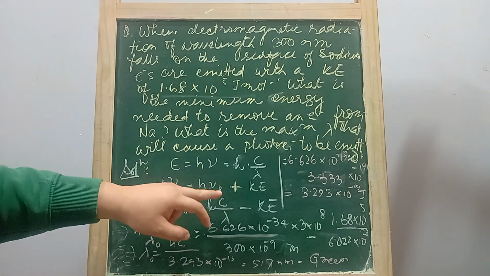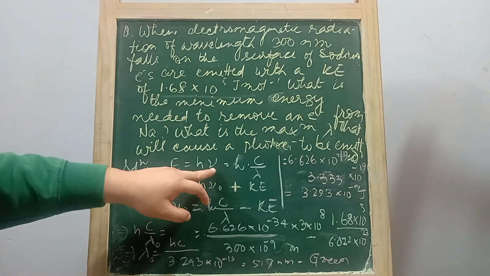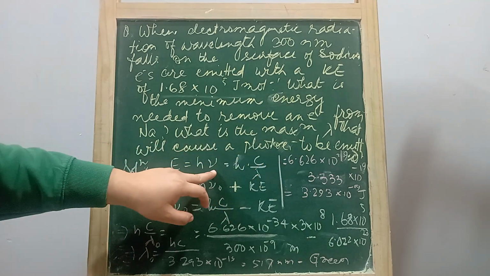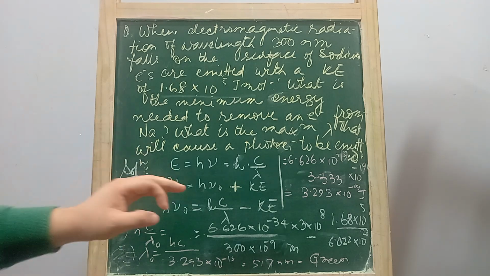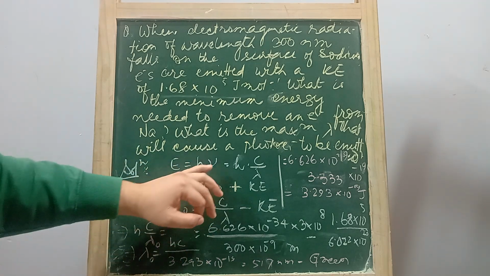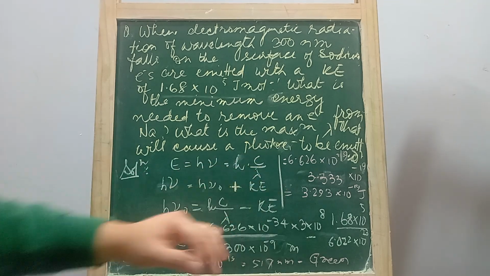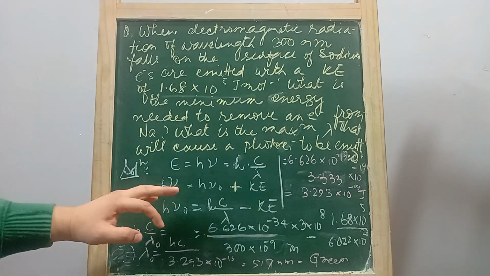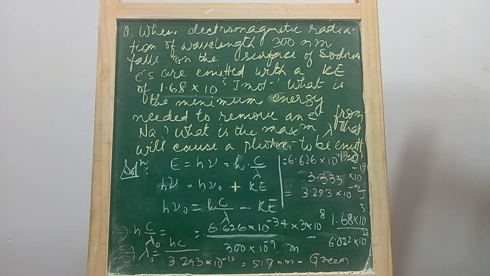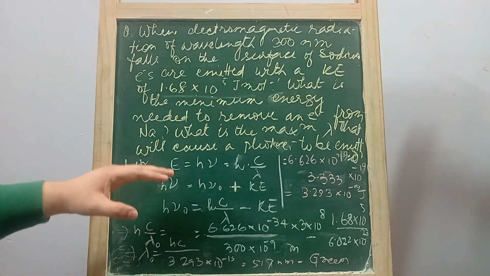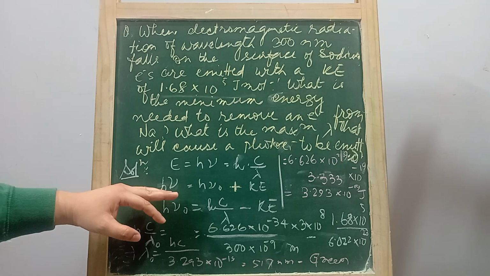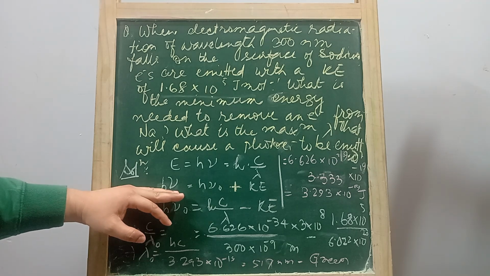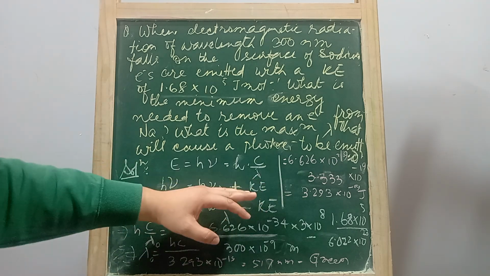and there's a relationship between the frequency, the wavelength, and speed or velocity of the electromagnetic wave. So nu, frequency, is equal to c by lambda. According to Einstein's equation, the energy of the photon can be broken down into two parts.